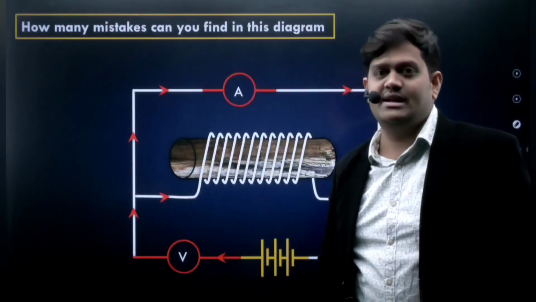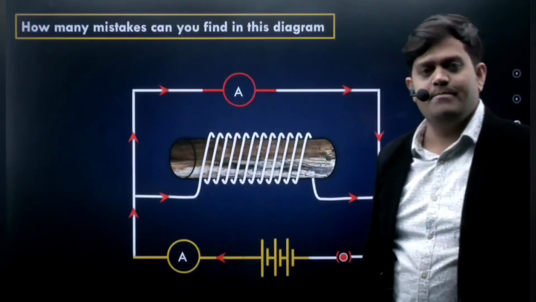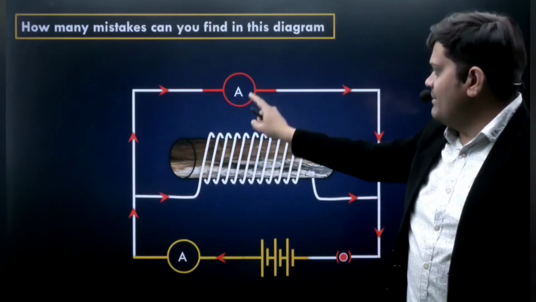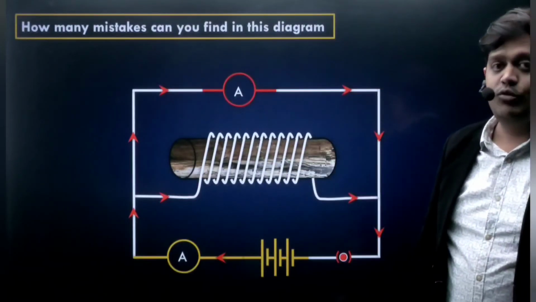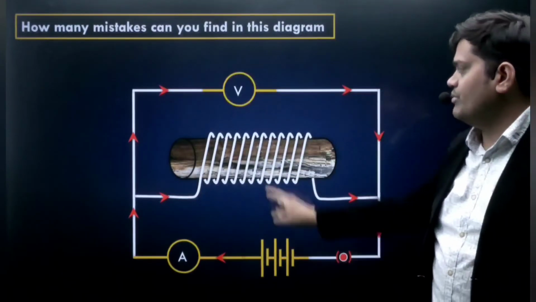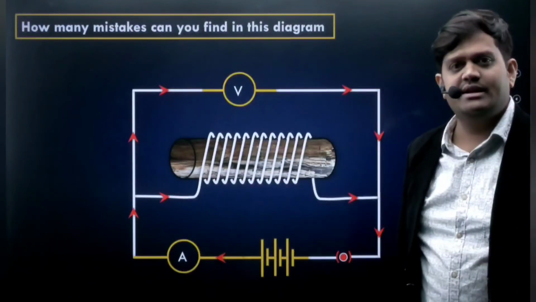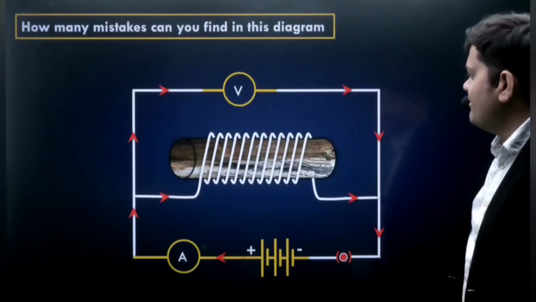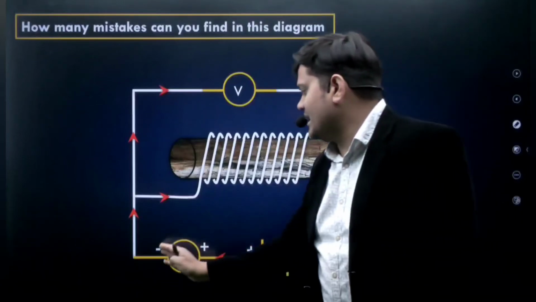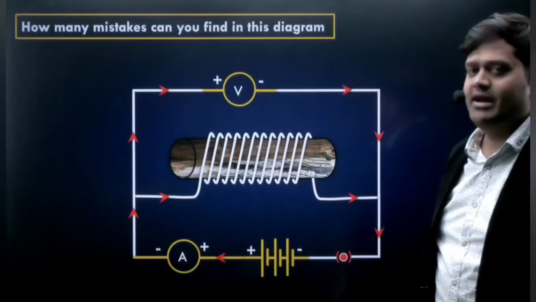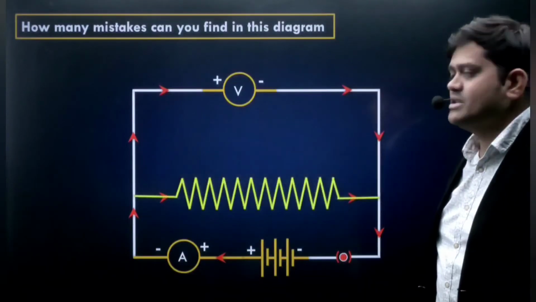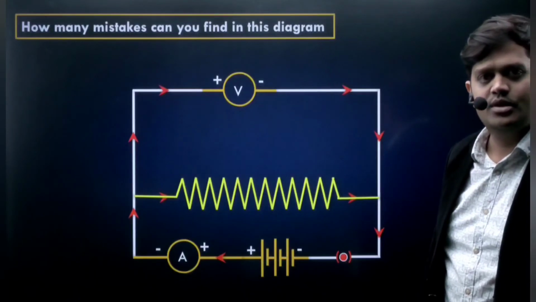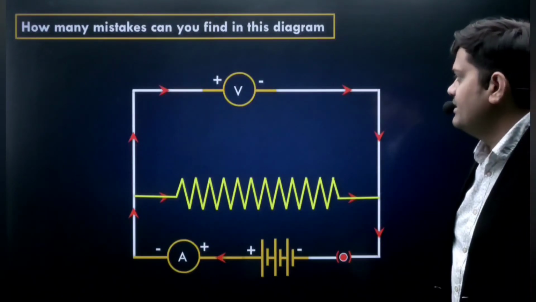Always ammeter is connected in series. So this is the ammeter. Here ammeter is connected in parallel. Here the voltmeter, right? So voltmeter is connected in parallel. Here we have the symbols like the positive, negative, and we have a resistance. Okay, right? Done it. So my dear, this question is complete.